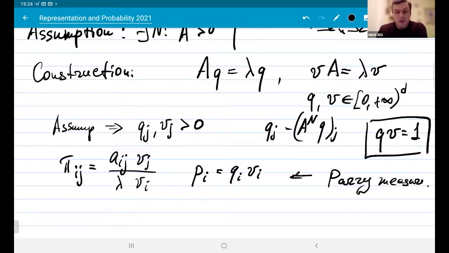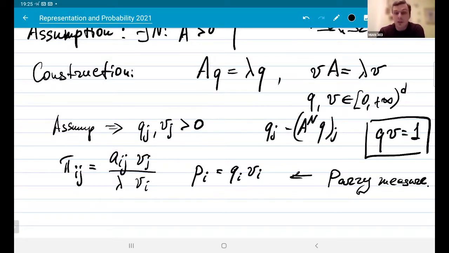Here I am slightly incorrect, but the idea is, so maybe one of the problems will be to write down the correct formulas here, which are quite close to this. Okay, so then this is a stochastic measure.